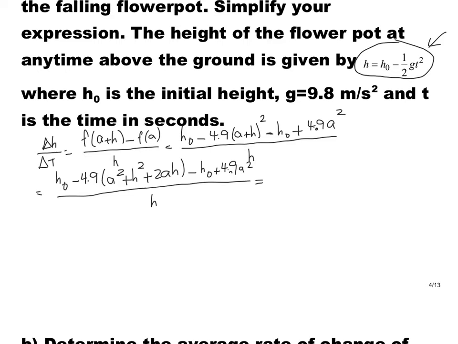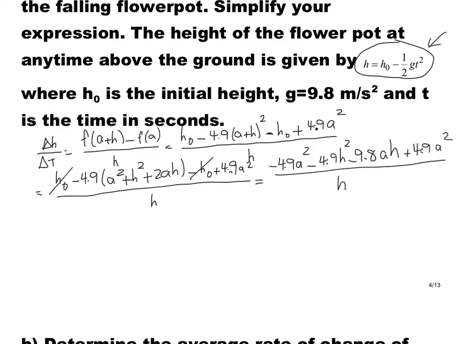I'm going to get H0 and minus H0, they cancel out. So I get negative 4.9 A squared, negative 4.9 H squared, and negative 4.9 times 2 gives me negative 9.8 AH, plus 4.9 A squared divided by H.